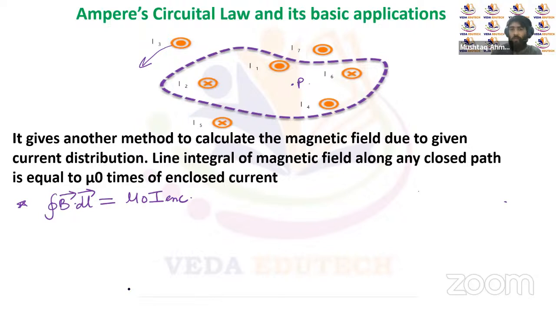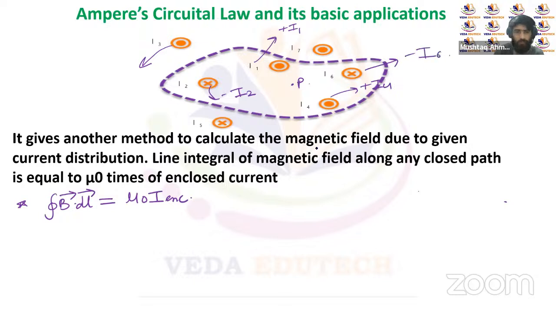Now some currents are flowing into the loop and some are flowing out of the loop. It means that we'll be calculating the net current, the current into the plane and the current out of the plane of this loop. So let's suppose we represent this current I1 as plus I1, then we have to represent this current I2 as minus I2, and this current I4 as plus I4, and this current I6 as minus I6.